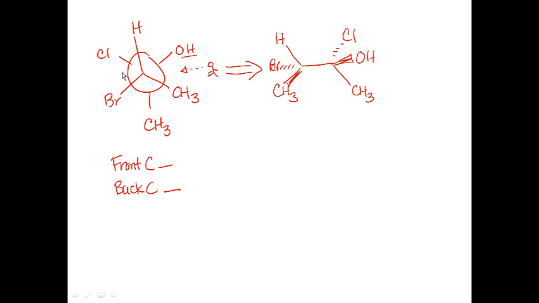So I'm converting from this Newman projection into this one. Well, then what I can do is simply separate these two in half, and let's say I look at the left carbon, and then I'm going to look at the right carbon, and I'm going to determine R and S configurations.